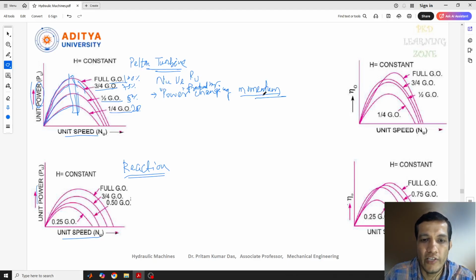So how does the momentum change here? At low speed, the runner obviously moves slowly.